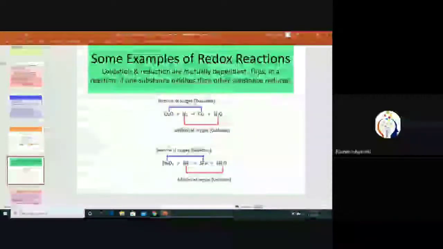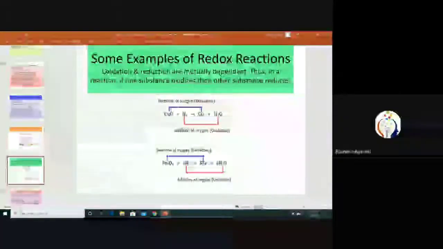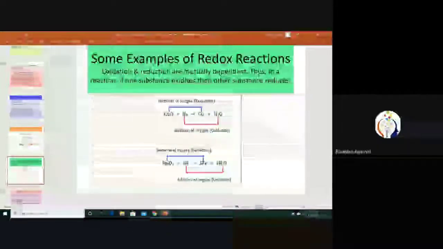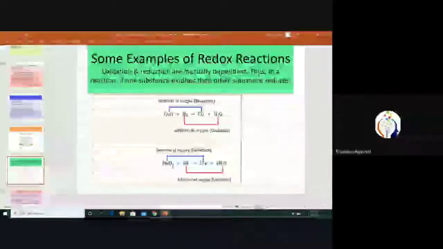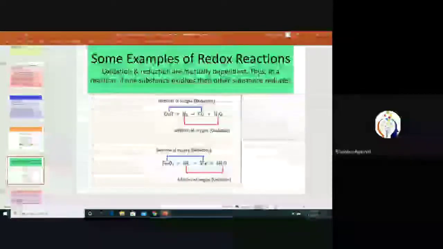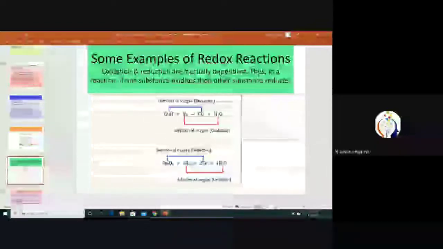So here again, copper oxide is giving the oxygen to hydrogen, and hydrogen is accepting the oxygen. Similarly, in the second one, ferric oxide is losing its oxygen to hydrogen. So here it is the reduction of Fe3O4 while hydrogen is getting oxidized to water.